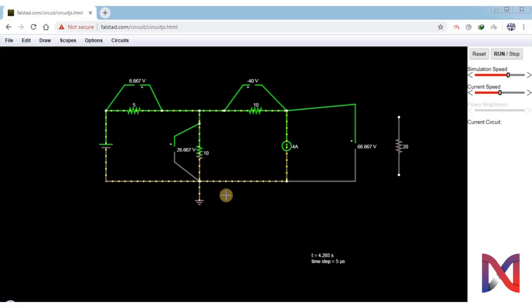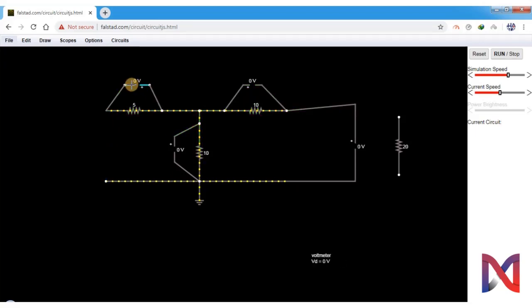Now the very next step is to calculate the RThevenin, which is also our R Norton. So for that we will short circuit our voltage source and open circuit our current source. So we will delete it and delete it as well.